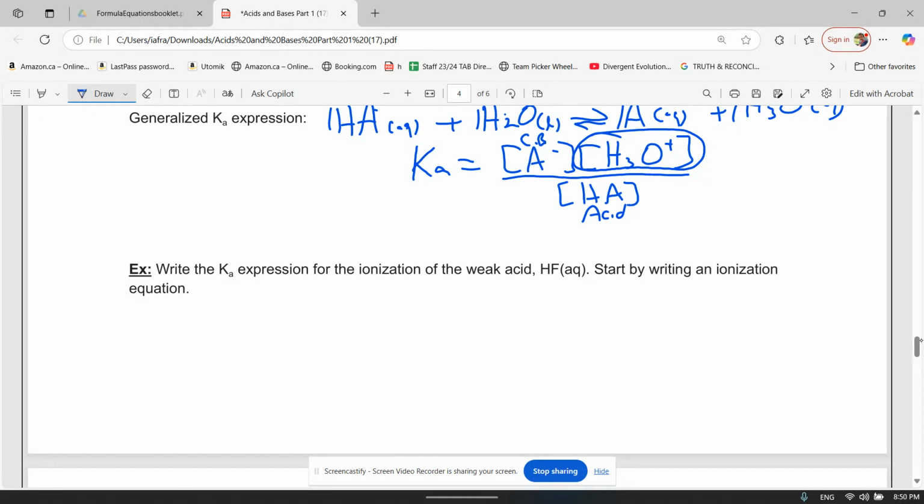Your first step is to write the ionization equation, knowing that HF is a weak acid. We're going to make it react with water, because when you're ionizing, we assume we're in a solvent of water. We put our double arrow because we know HF is a weak acid. We get F minus because HF gave away an H, plus H3O plus.